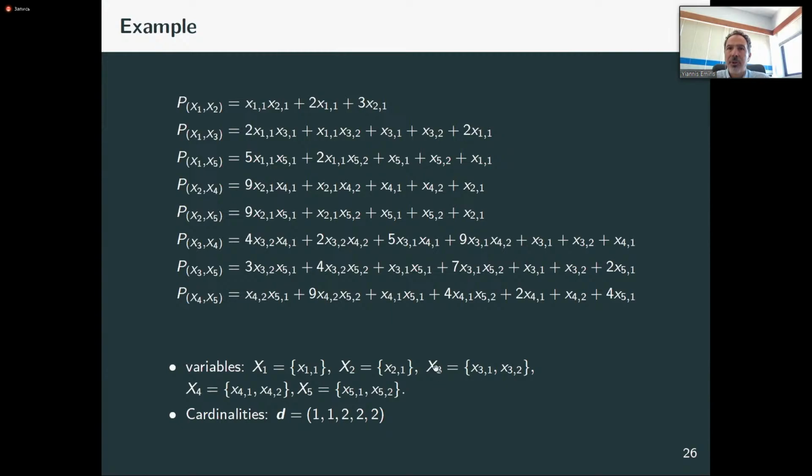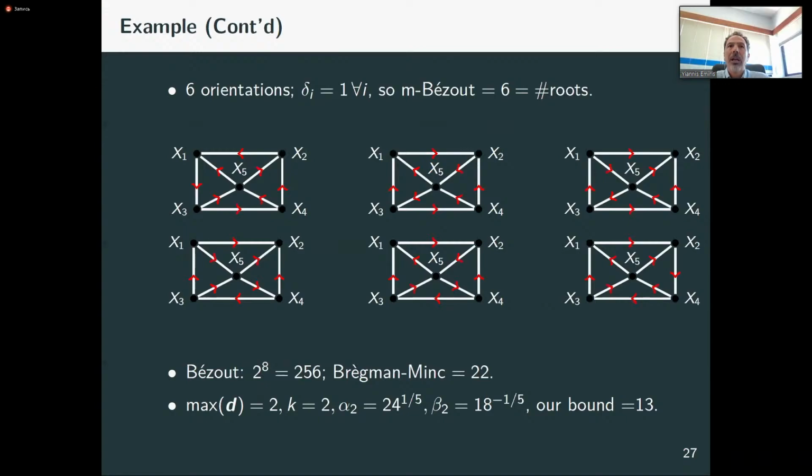So it's a difficult problem to find them, but one can do it in many ways. It's hard to find the optimal partition, but any partition will give some bound. The degrees are 1 and 2, more general than the graph problem before. And when I apply my theory, I have to count the orientations. They are 6. Okay, 6 orientations.